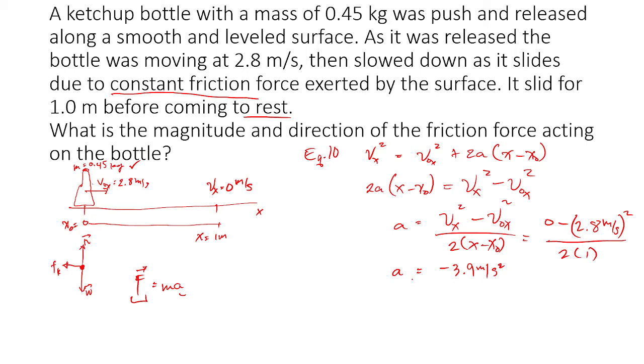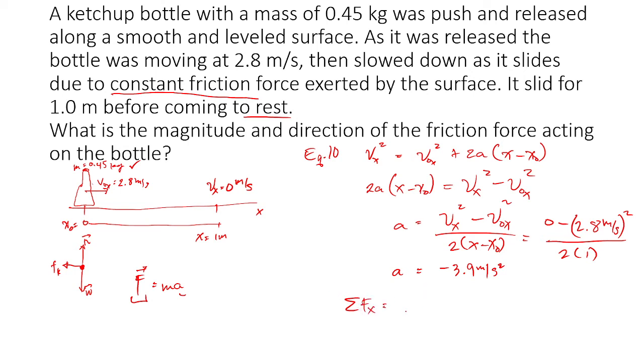Bakit? Kasi that negative 3.9 meters per second square is actually with the same direction of our force, which is towards the left. Okay? So, mangyayari dito, our summation of fx, kasi fx lang naman yung movement natin eh. Wala naman tayong fy.